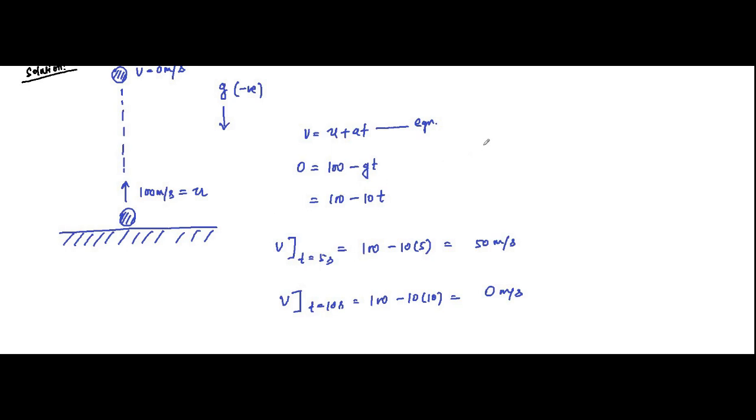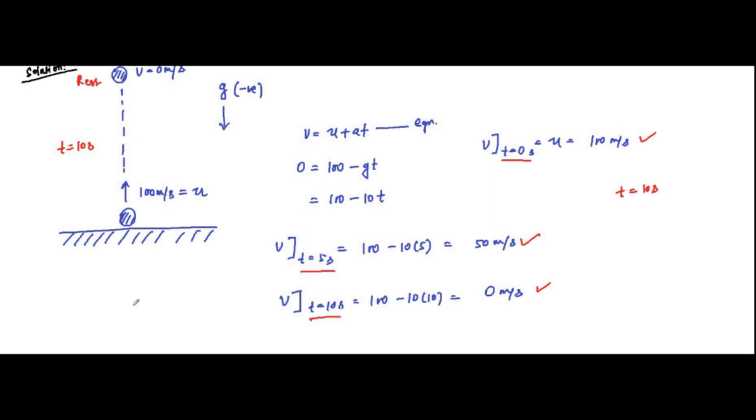And at t equals 0, it is the initial velocity, which is 100 meters per second. These are the important points, for time 0, 5 and 10 seconds. So it takes 10 seconds for the ball to go upwards to rest, to the final velocity 0.